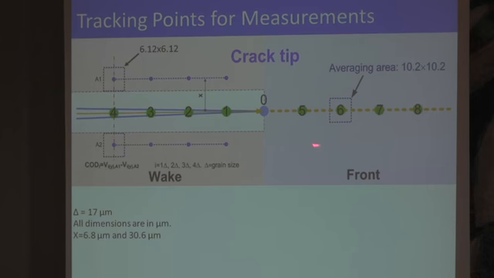For the front of the crack, we calculated the average strain value, averaged over 10.2 by 10.2, all dimensions in micrometer. The distance between each point is 1 grain size, which is 17 micrometer.